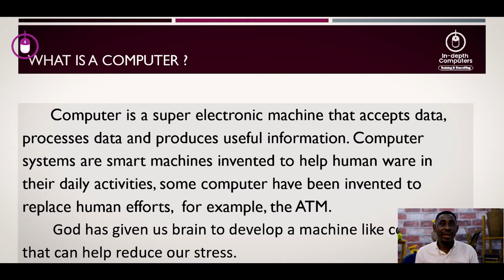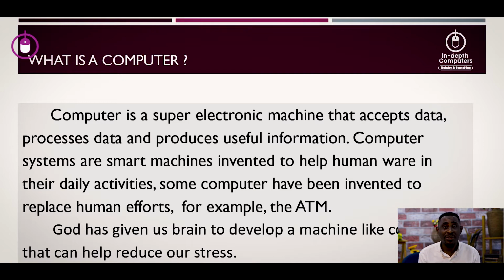Like we know our laptop uses battery and then it uses electricity, the one from generator or NEPA, whichever way. Which means that we can charge our batteries and then our computer can work for a while without being connected to the electricity.